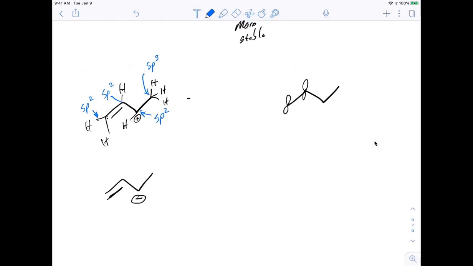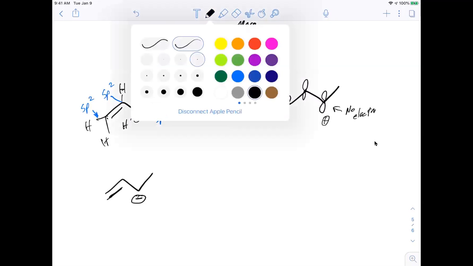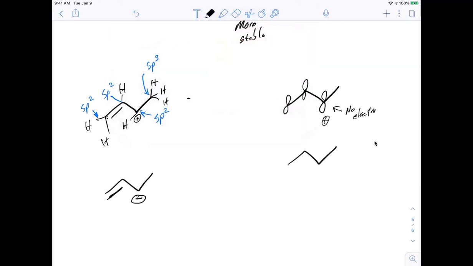So what's happening here with this positive is that there's no electrons here. It's positive. If we look at our electrons, what are we going to do with our electrons?